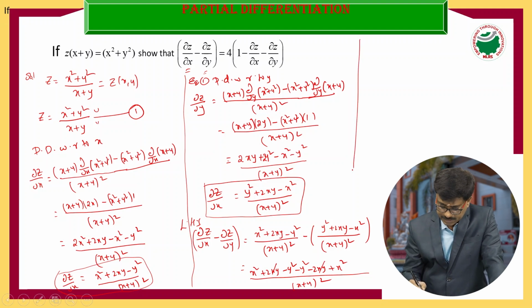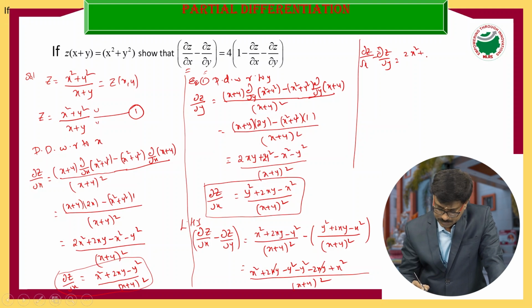The resultant value, which is dou z by dou x minus dou z by dou y, the numerator becomes 2x square minus 2y square divided by (x plus y) whole square.